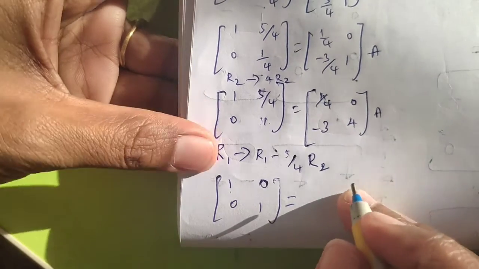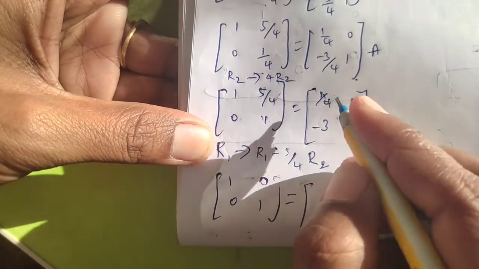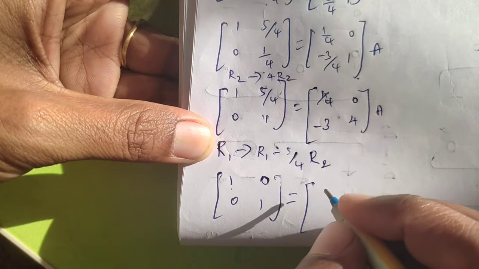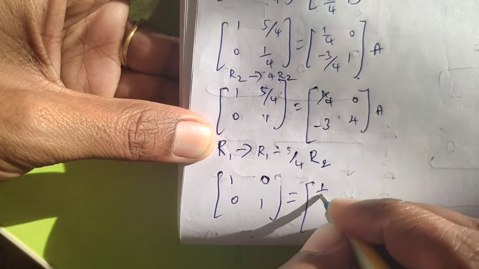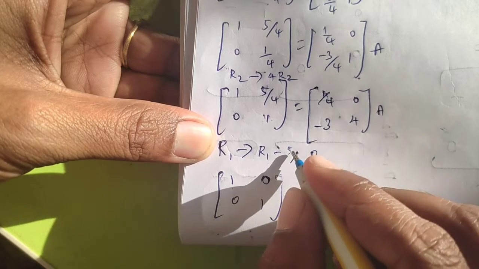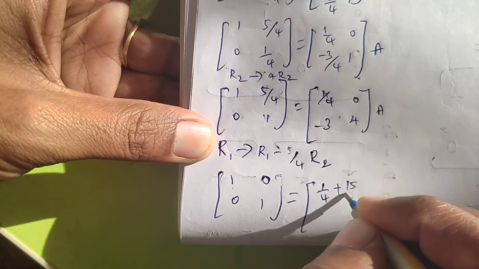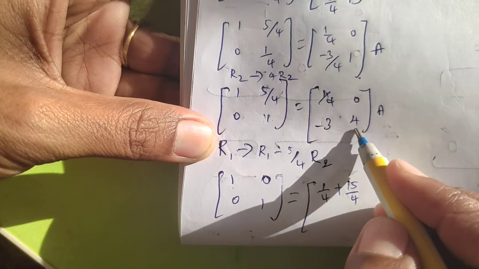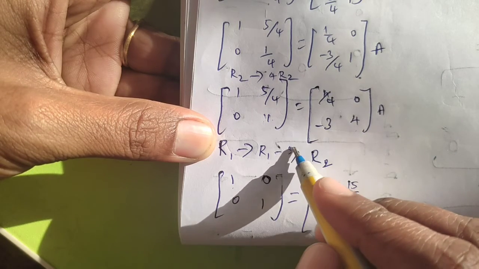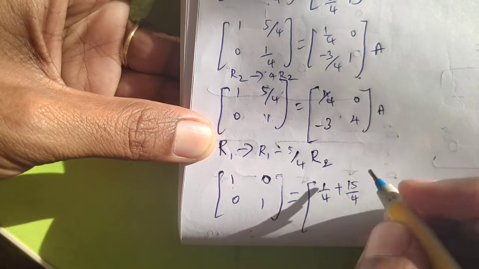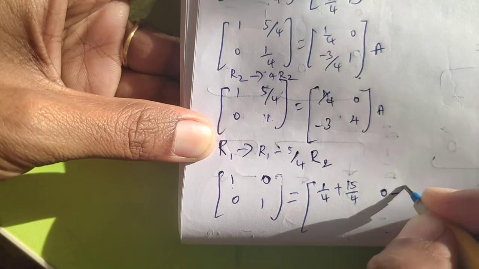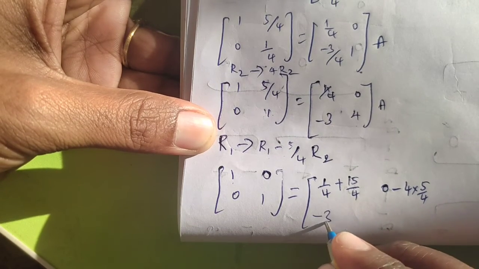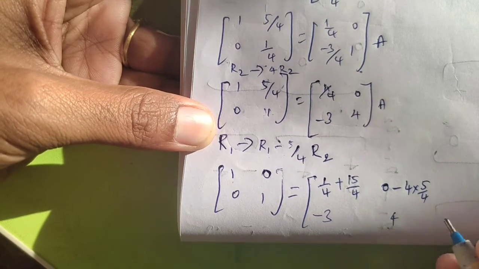Now the RHS again: 1 by 4 plus 3 into 5 by 4, that is 16 by 4, which is 4. Then 0 minus 5 by 4 into 4, that is minus 5. Here it is minus 3, 4.